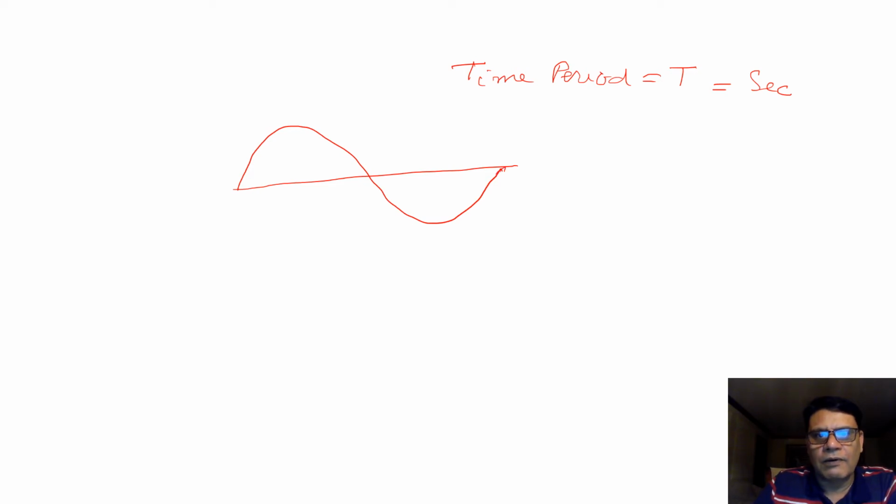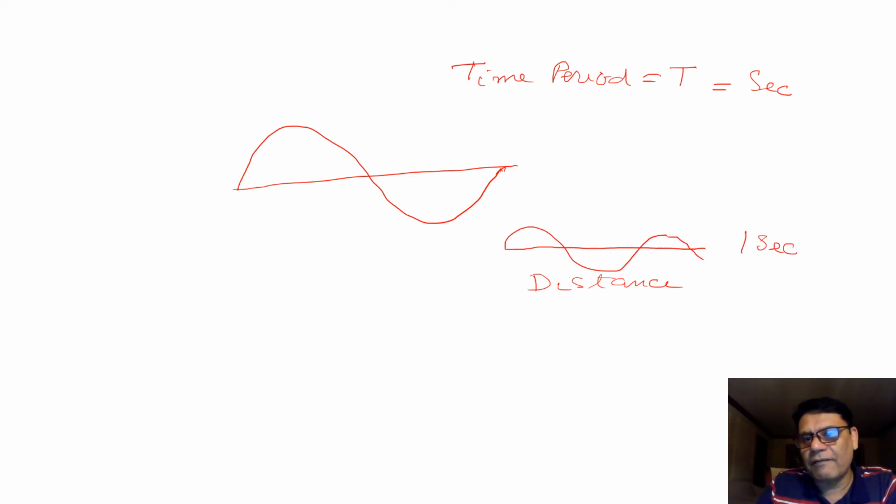And speed is again a distance, as wavelength is a distance. So speed is also a distance. The distance covered by a wave in 1 second is called speed.